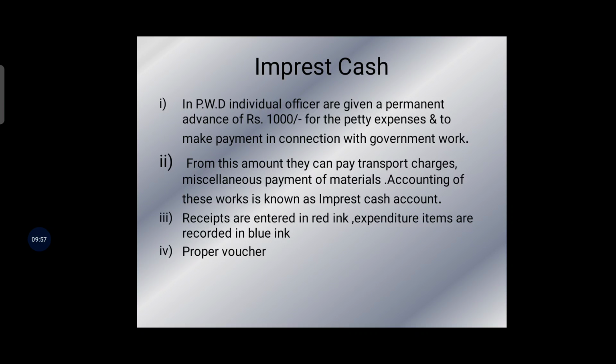From this amount, they can pay transport charges and miscellaneous payments for materials, and they are required to keep the record of such expenses in a separate cash book known as the impressed cash book. The receipts are entered in red ink while expenditure items are recorded in blue ink. Every payment is to be supported by a proper voucher. The impressed cash account is to be submitted to the divisional officer from time to time.